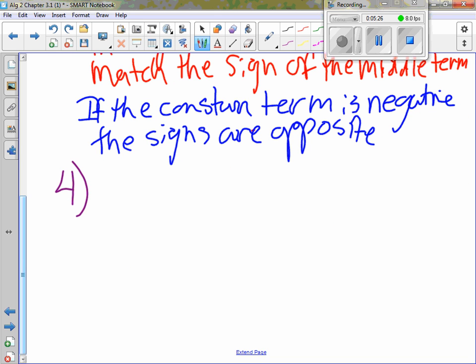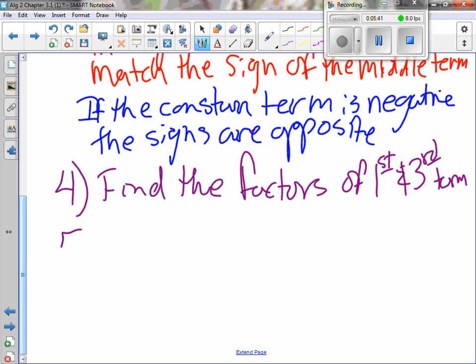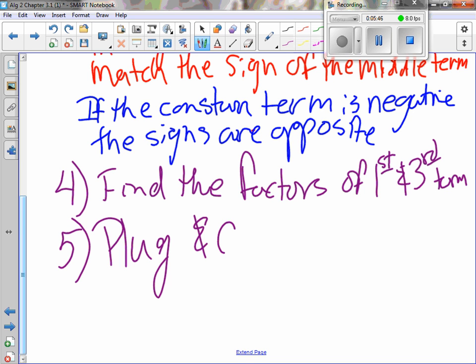Step 4 is to find the factors of the first and third terms. And last but not least, the last step is plug and check.